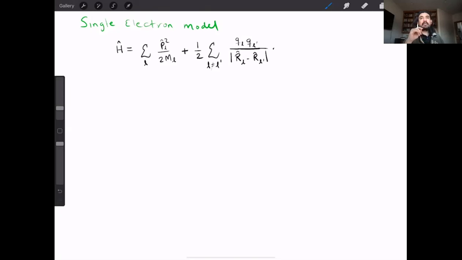Why do we have a 1/2 in front? As far as I remember, this was because if we do a sum over all the particles, could be electron, could be nuclei, then we do sort of a double of that.